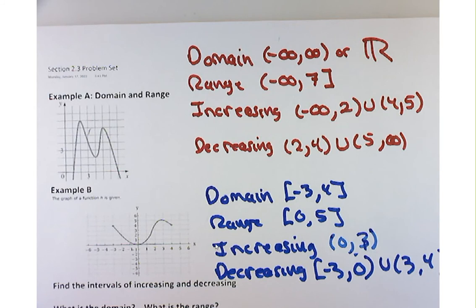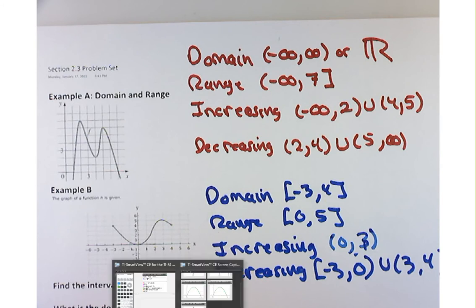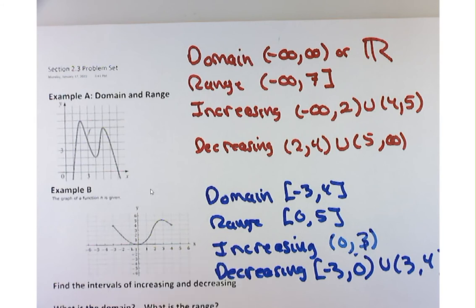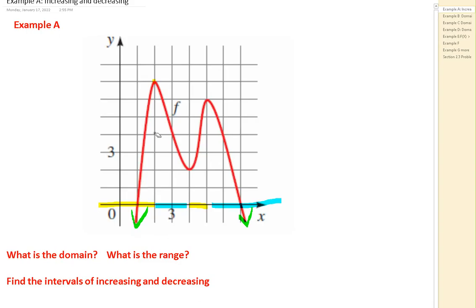Nice, nice. There's a couple other points that I'll mention here while we're looking at this. And really, this is kind of like a heads up to what we're going to do at the end of this section, which is look at an old test question. So let me get back to my graph.